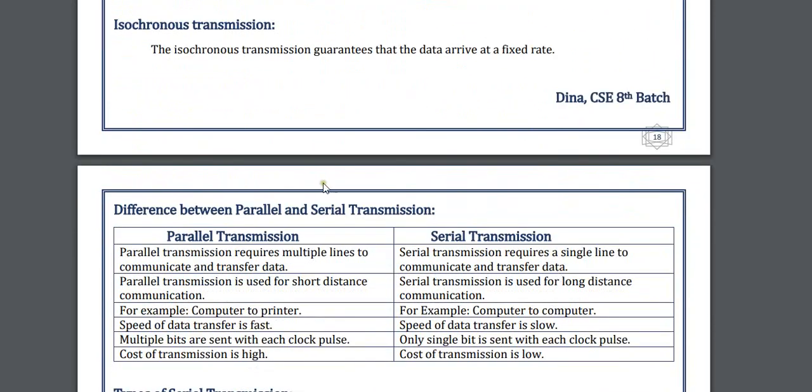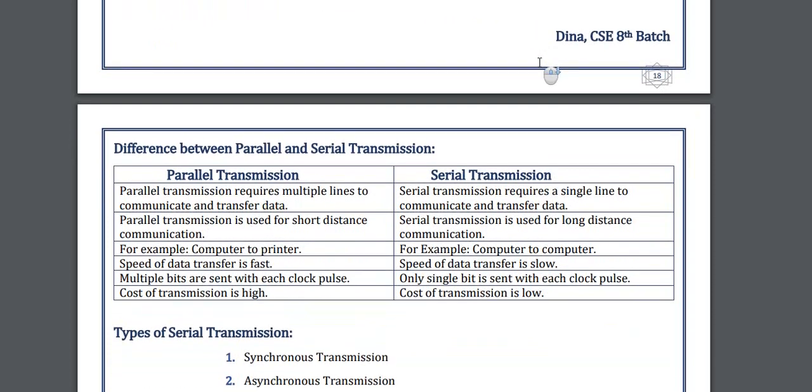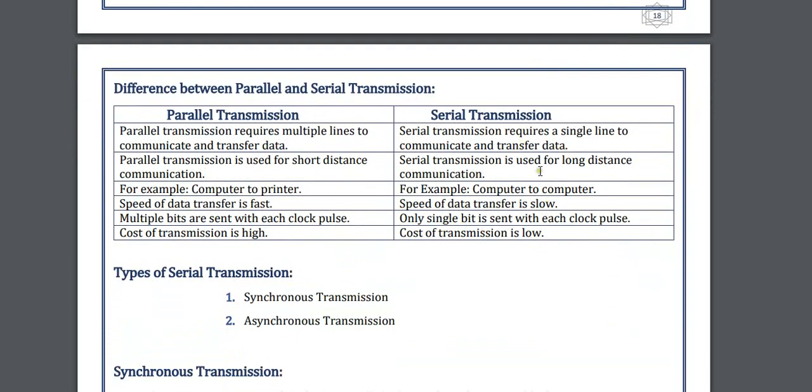In isochronous transmission, it is guaranteed that the data arrives at a fixed rate. The differences between parallel and serial are given below. Parallel is used for computer to printer, and serial is used for the same type of devices, that means computer to computer. Serial transmission is slow, but parallel transmission is very fast.